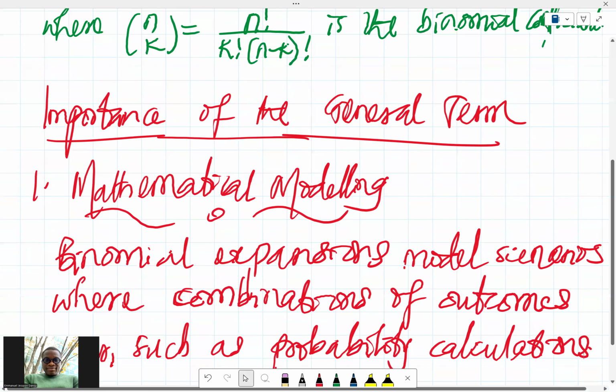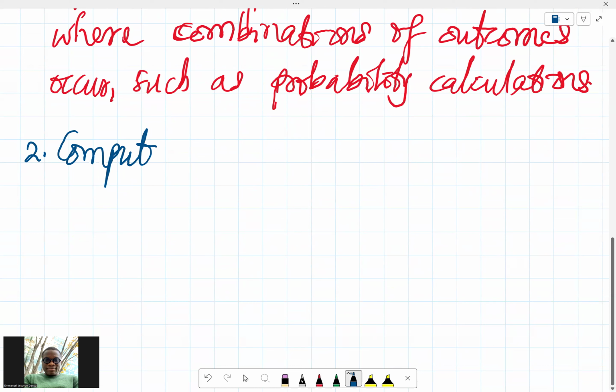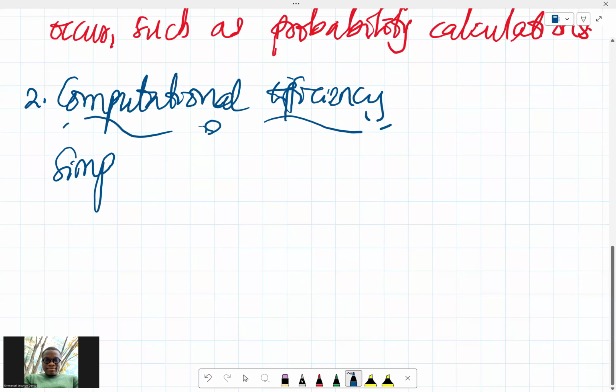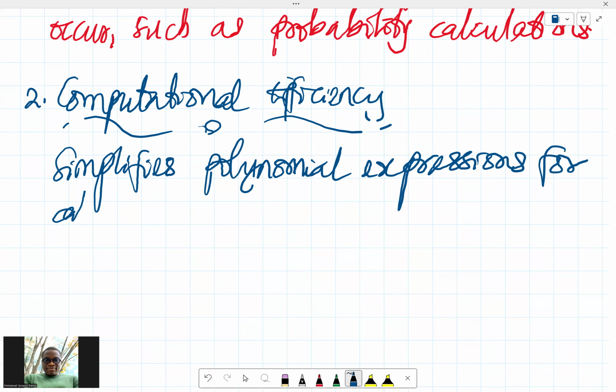So let's look at another importance, computational efficiency. We already know that binomial expansion helps us to expand whatever you have in terms of a series. So it simplifies polynomial expressions for calculations in physics.